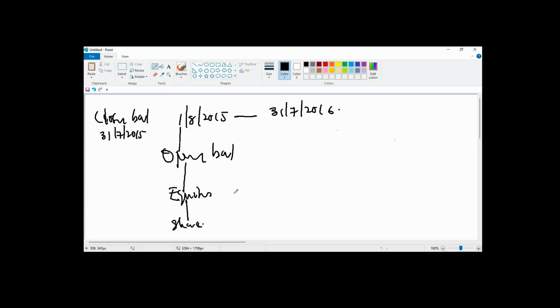If you go to the share capital, they've given us for 2015. They also give us 2016. 2015 when? 31st July 2015. And he has given me 31st July 2016, the closing balance.